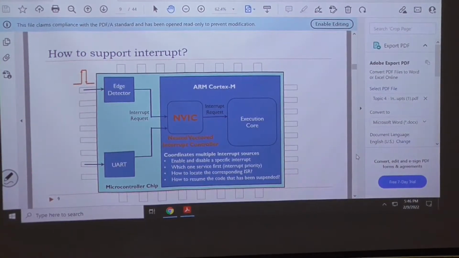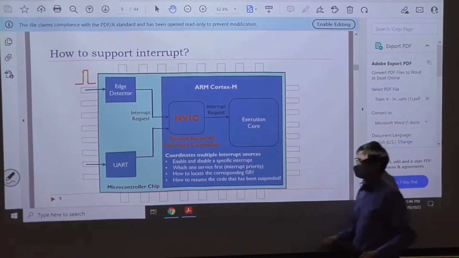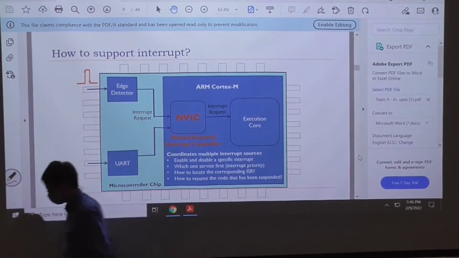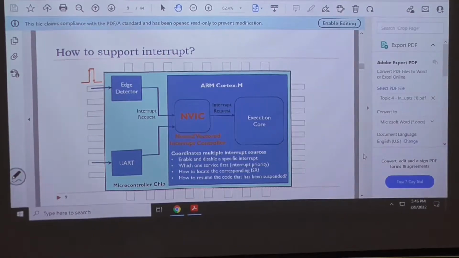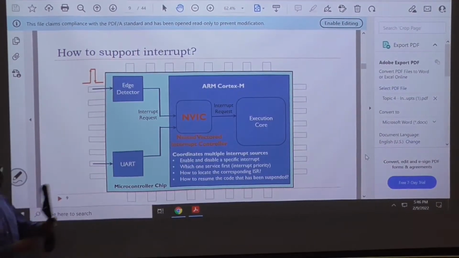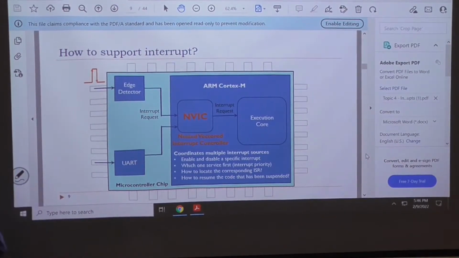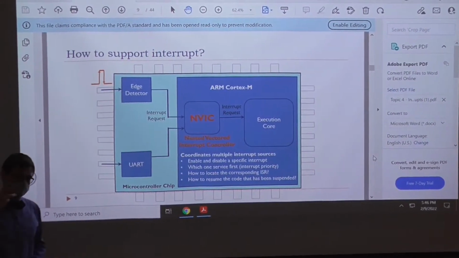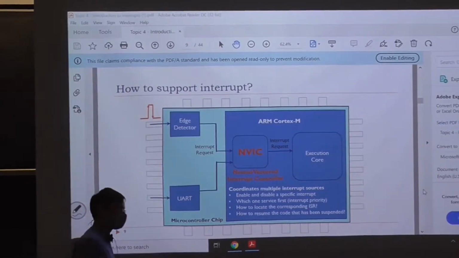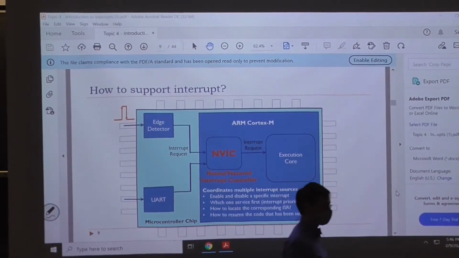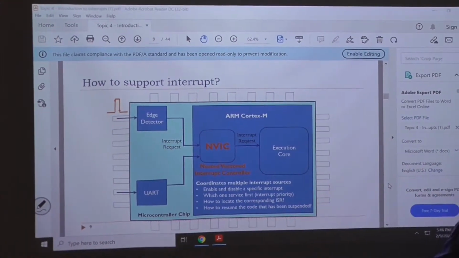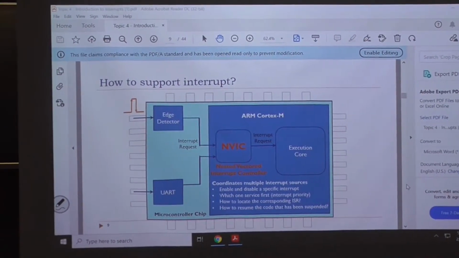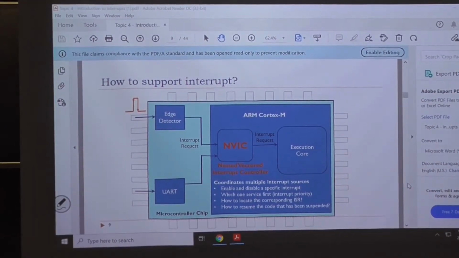So, last time we were talking about interrupts. We finished off the material on timers, and we were continuing on to talk about interrupts. The interrupt, of course, is a mechanism by which the normal flow of program execution can be interrupted by either an internal or an external signal.